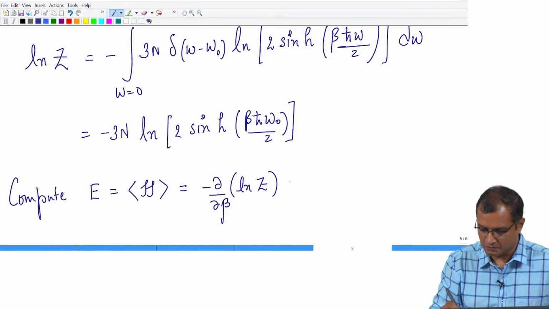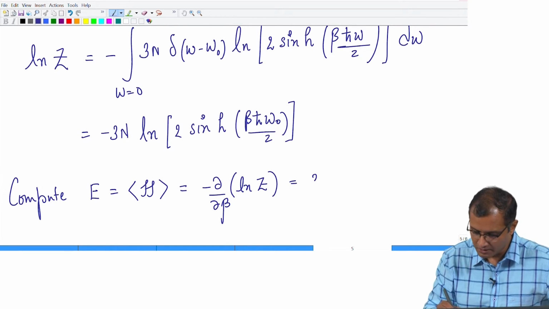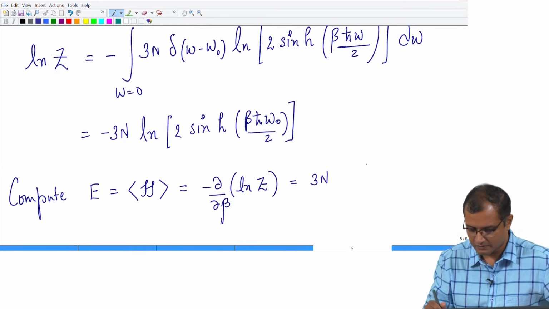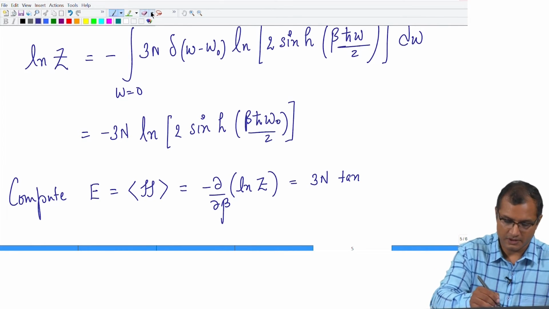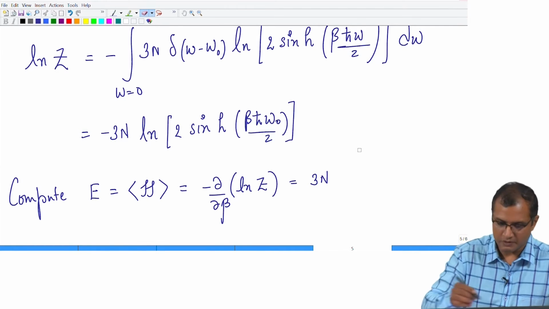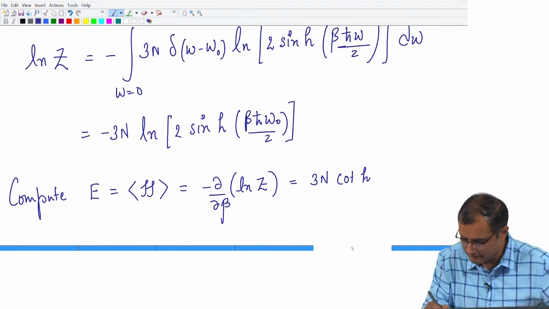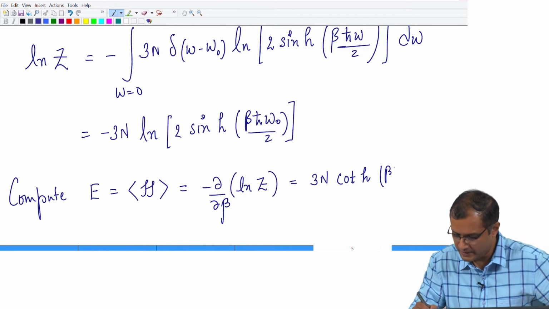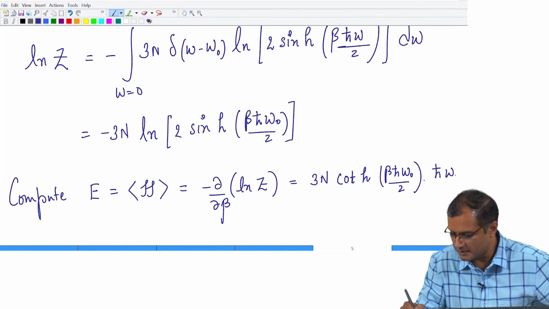So negative ln z is already given to me. I am just going to copy the previous expression and write this as thrice n, and the derivative of logarithm is going to give me, not tangent, it is going to give me coth of beta h cut omega 0 by 2 into h cut omega 0 by 2.